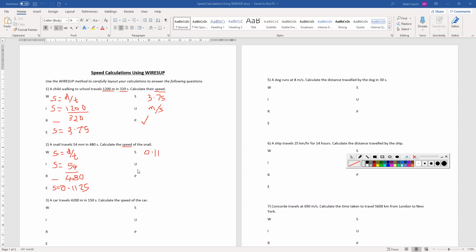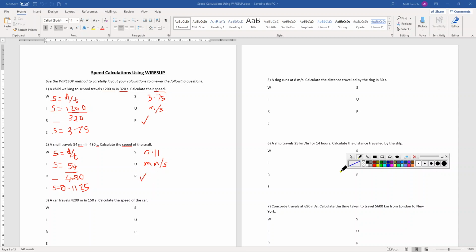We're looking for a unit. Well, we divided a distance in millimeters this time by a time in seconds. So the unit is going to be millimeters per second. And that's fine. And is that plausible for a snail, 0.11 millimeters per second? Yeah, I think that is.